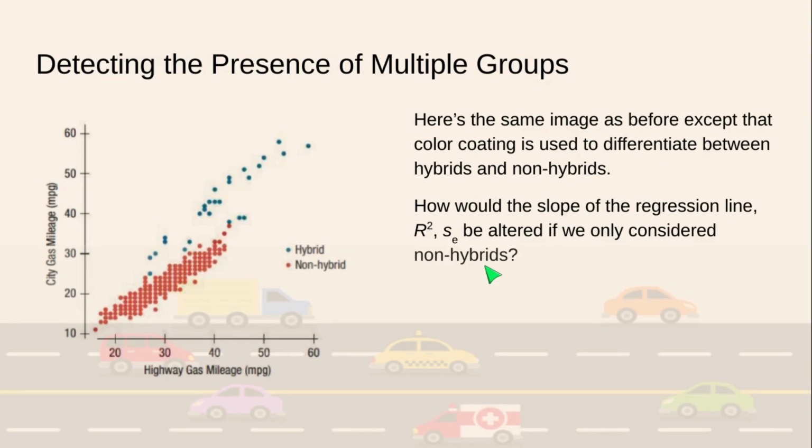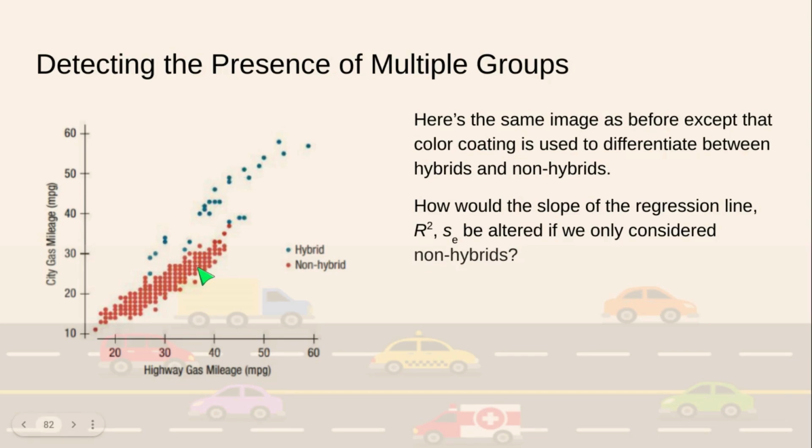Okay, I'll assume we are ready to continue. So how would the slope of the regression line be affected if we were only considering the red non-hybrid points? Well, the slope of the regression line would go down. All of these higher y values with a lot of similar x values would be taken away, so the slope would go down a little bit.